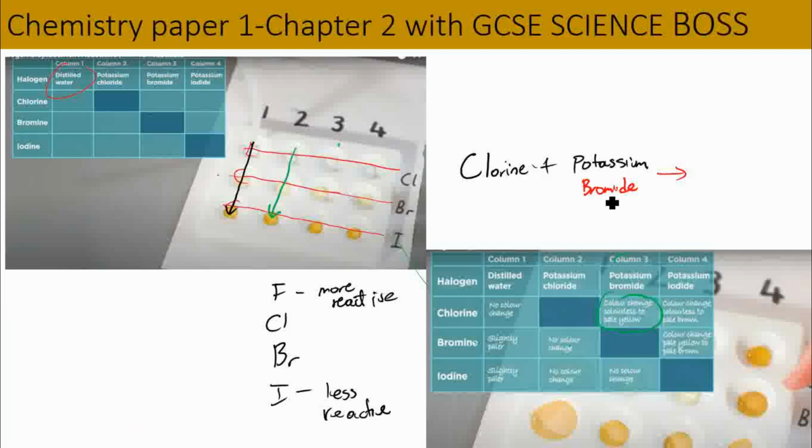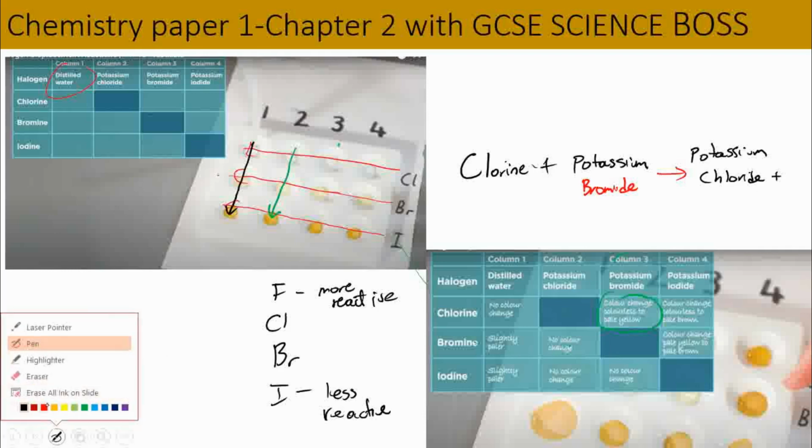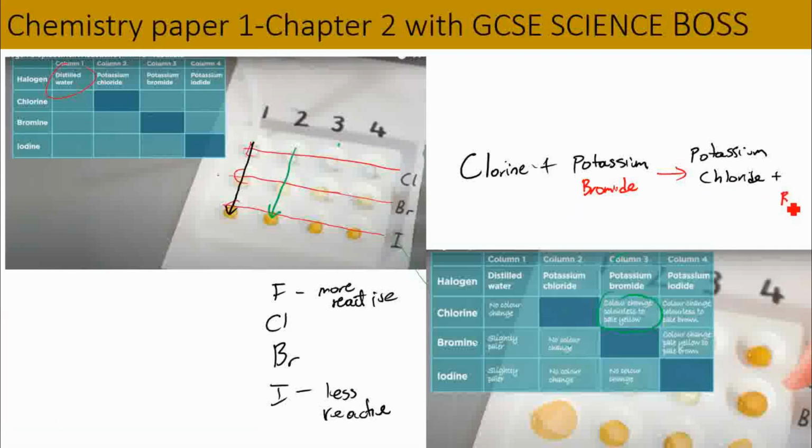So your chlorine, which is more reactive than bromine, you're going to end up with potassium chloride, plus bromine by itself.